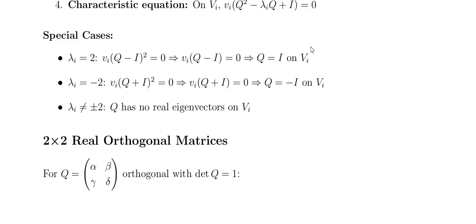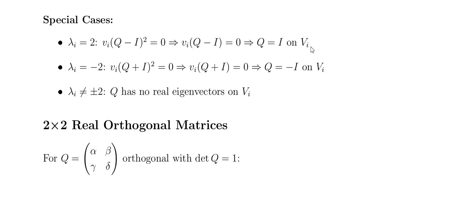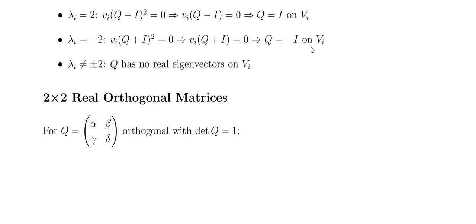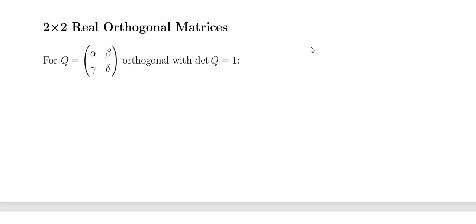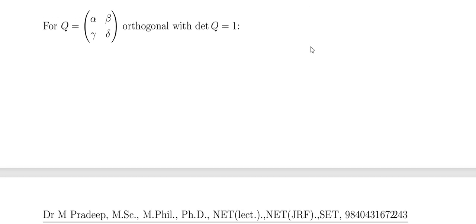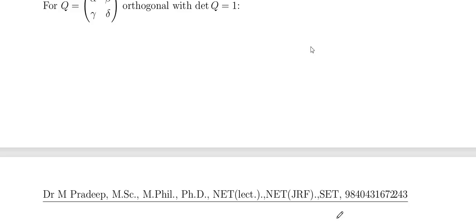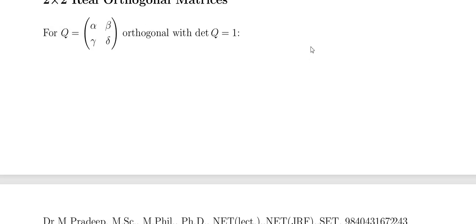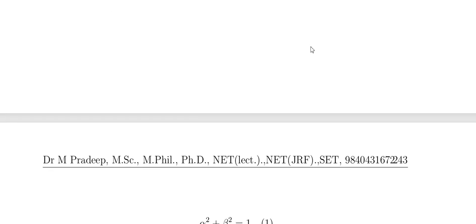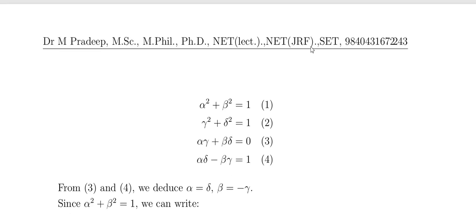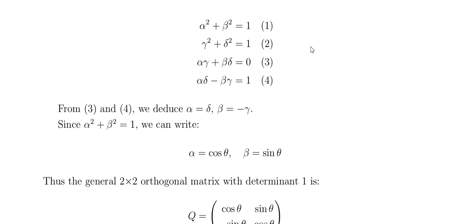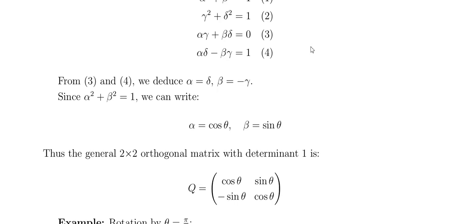Lambda equal to plus or minus 1 here. So this is the determinant of Q equal to 1, that is, the orthogonal matrix with entries alpha, beta, gamma, delta and determinant of Q equal to 1. That is the idea.